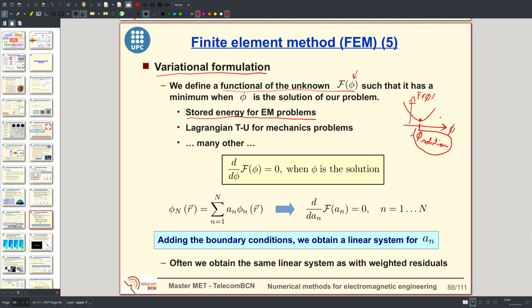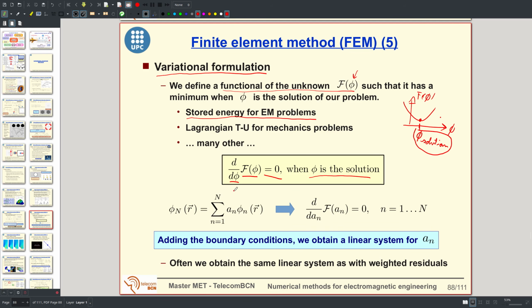Okay, so the way to get the linear system of equations is just to differentiate the functional with respect to the unknown and set the derivative equal to 0, because then we can isolate the values of the unknown phi that make the functional minimum and are therefore the solution.